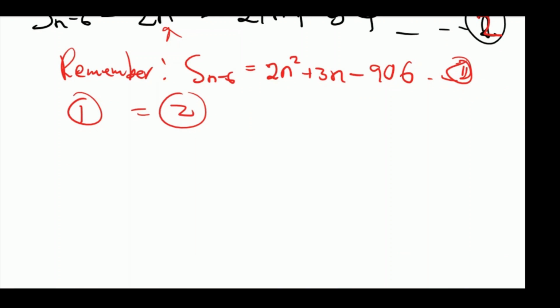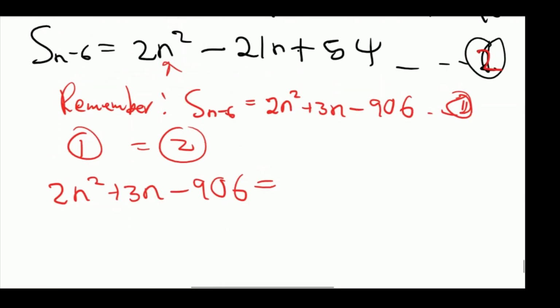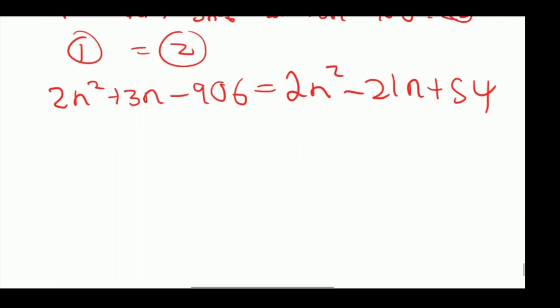So the first equation is going to be 2n squared plus 3n minus 906 equals, and then our second equation is what we just found here. So it's going to be 2n squared minus 21n plus 54. So what you're going to do is, this is the like term of this one.